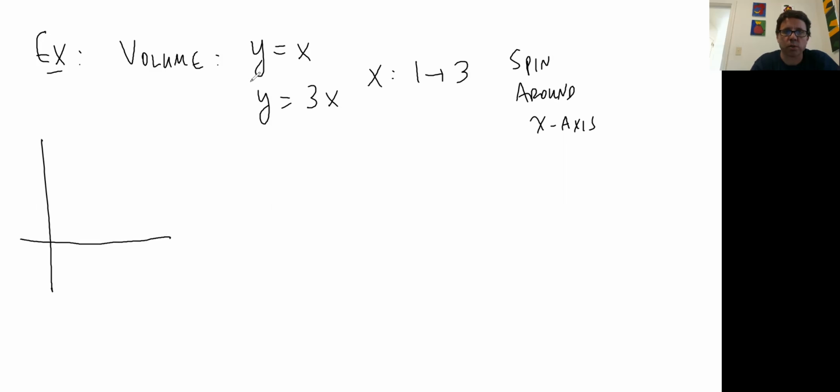So if we draw the picture, y equals x is our usual friend here. y equals 3x is steeper.